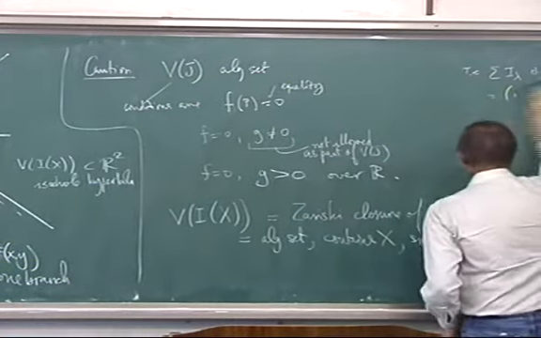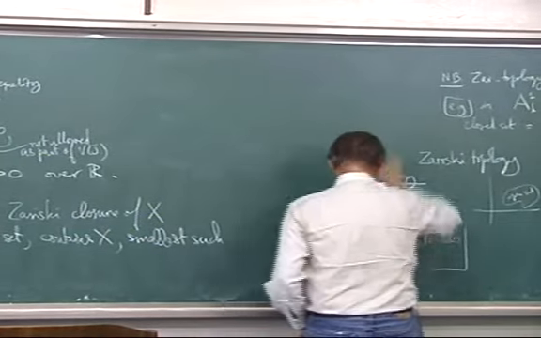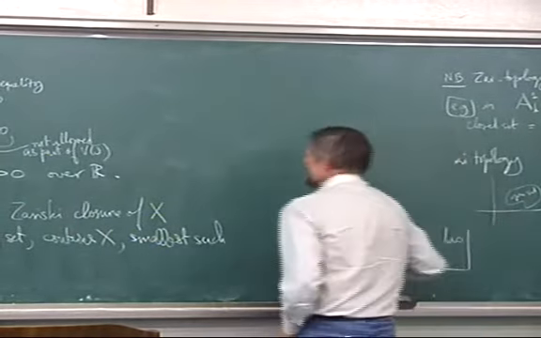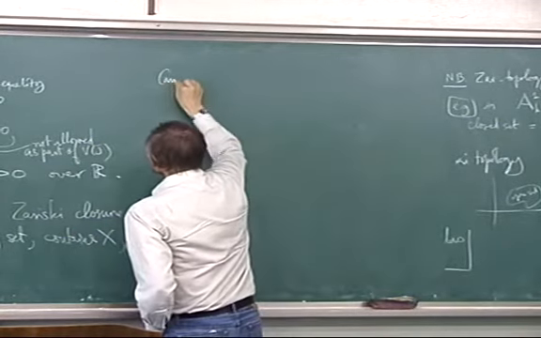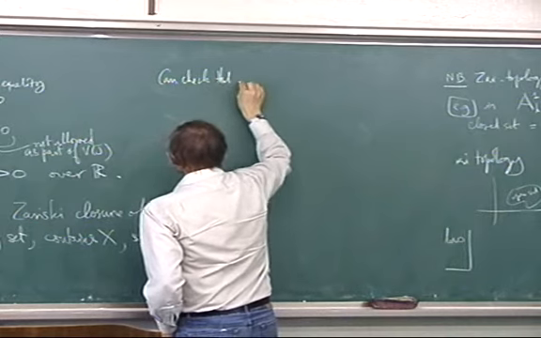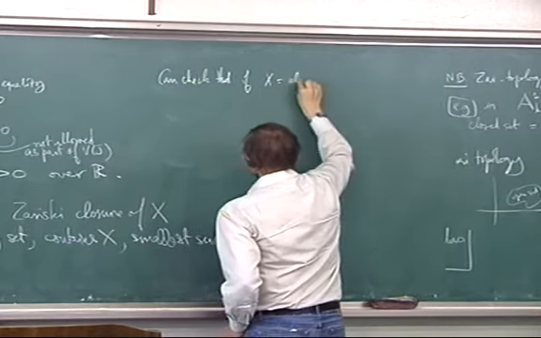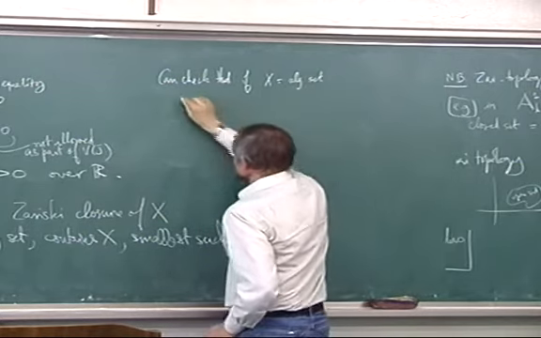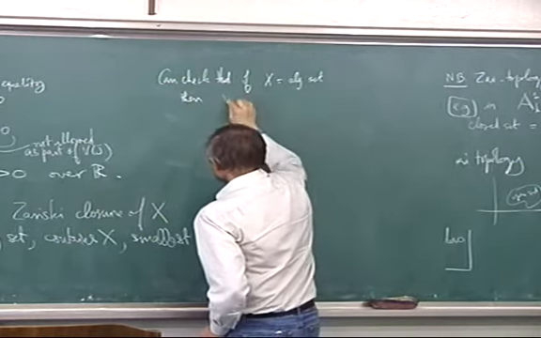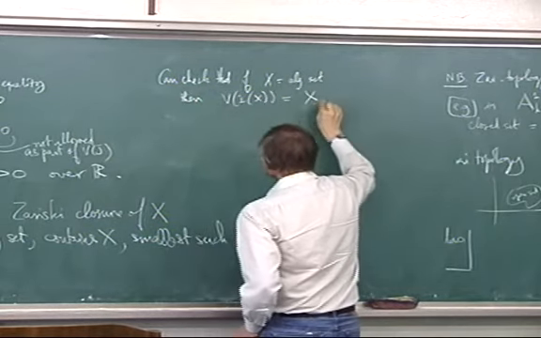And so we're getting closer to some of the places I want to go. You can check that if x is an algebraic set, then V of I of x equals x.